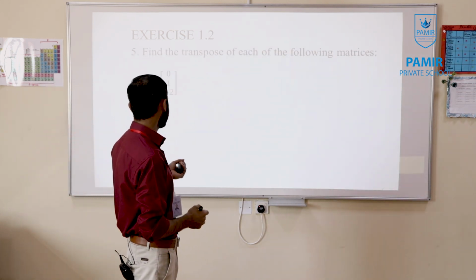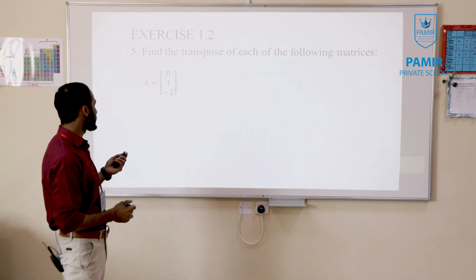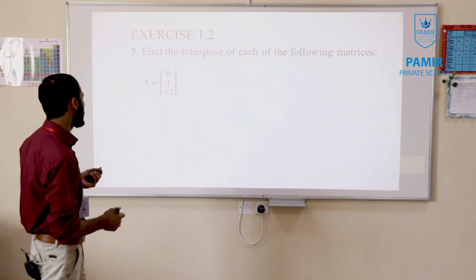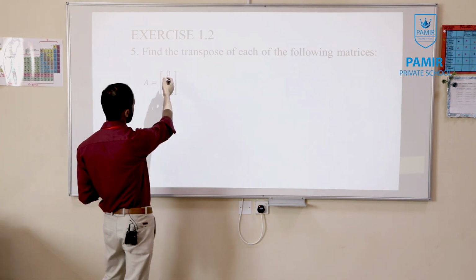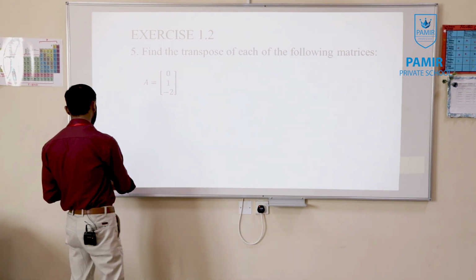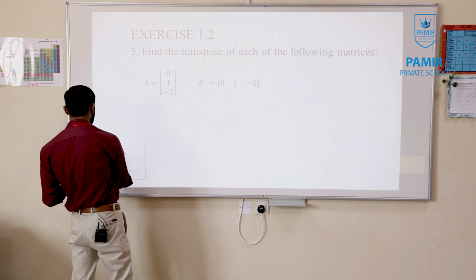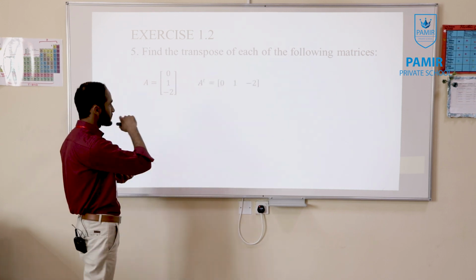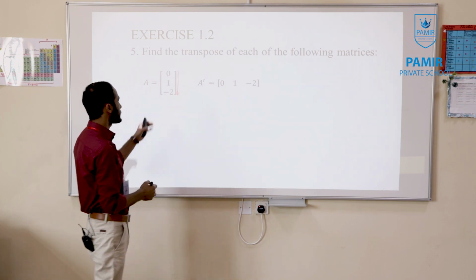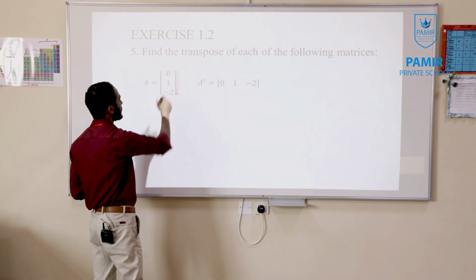The exercise regarding the transpose of the matrix. The first matrix is given as matrix A. It is a column matrix, as you can see, with entries 0, 1 and -2. The order of that matrix is 3 rows and 1 column, so we call it a column matrix. For the transpose, as I told you, we interchange rows and columns.